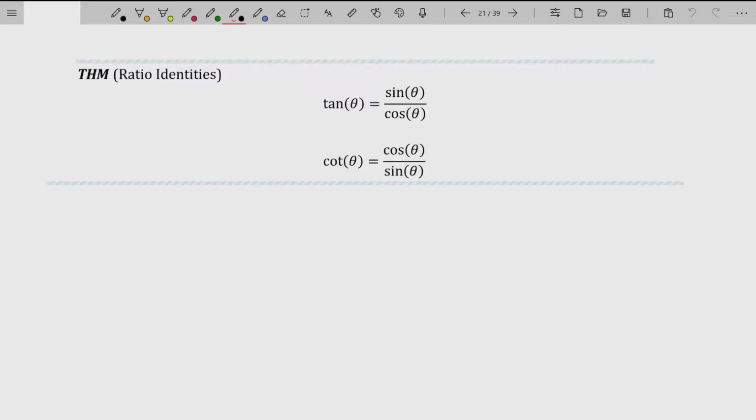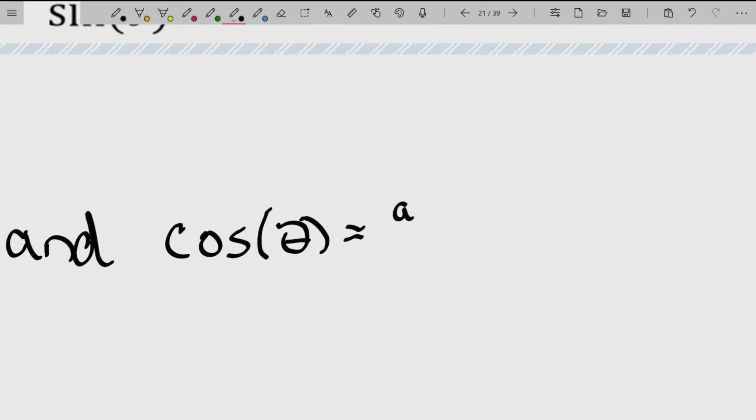The proof technically can't be done with the language I'm using, but I'm still going to do it. We know that the sine of theta is opposite over hypotenuse, and the cosine of that same angle is adjacent over hypotenuse.